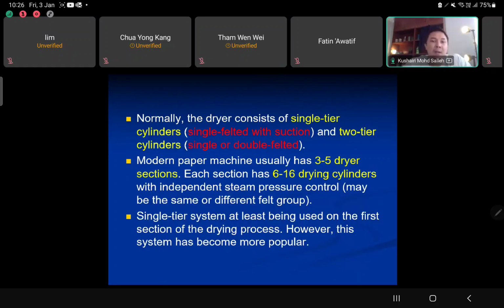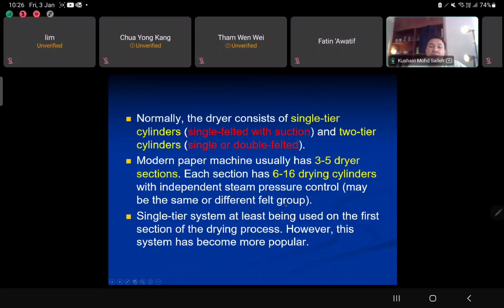So normally, the dryer consists of single tier cylinders, which we call single felted with suction, and two tier cylinders. For the single tier, it is usually single felted, but for the two tier, it could be single or double felted.